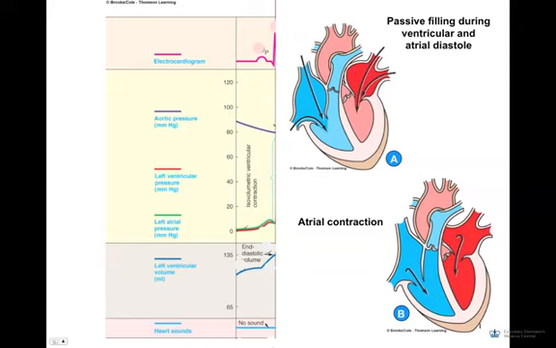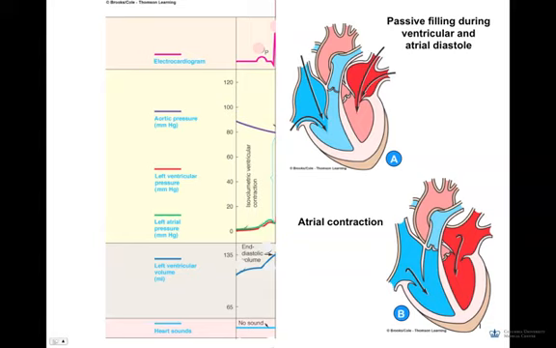And we see that causes a movement of blood into the ventricles, because down here in ventricular volume, that blue line bumps up. Okay? So we get a little bolus, a little kick of blood into the ventricles as a result of atrial contraction.